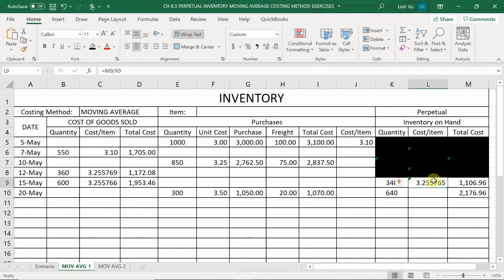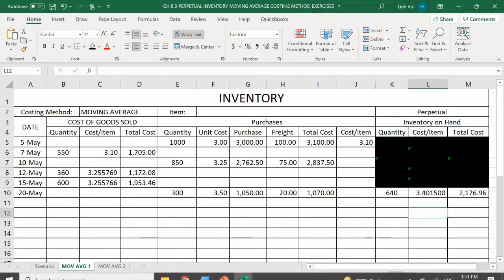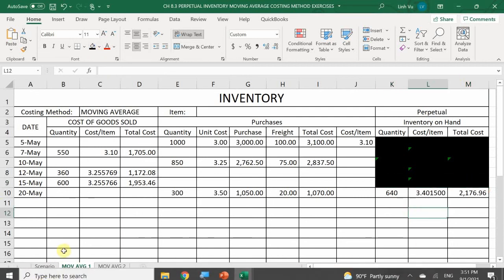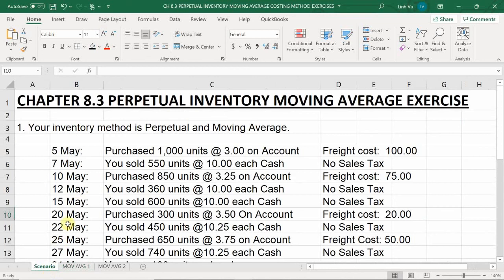So then that should bring my new average cost per item to be now $3.4015. All right. So it changed drastically because we purchased these inventory items at a higher price. So now we have 640 units available.